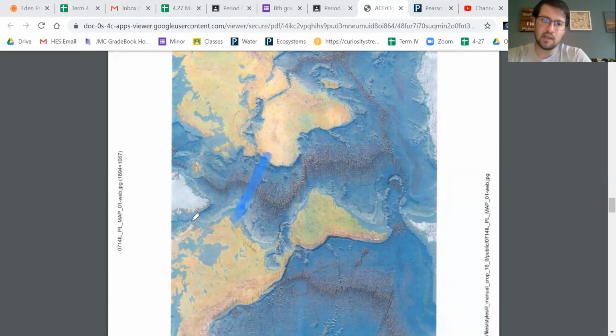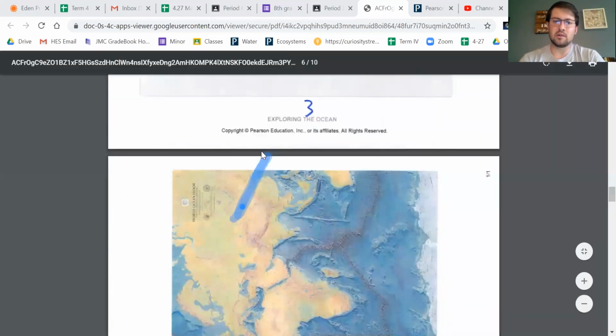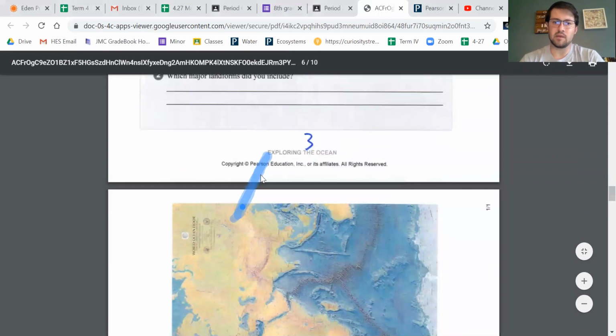So what we want you to do is make a cross-section view. If you were to tilt this map on its side and cut the Earth in half, what would this section of the Earth look like? So back up here. Oop, I guess my line wants to come with me.